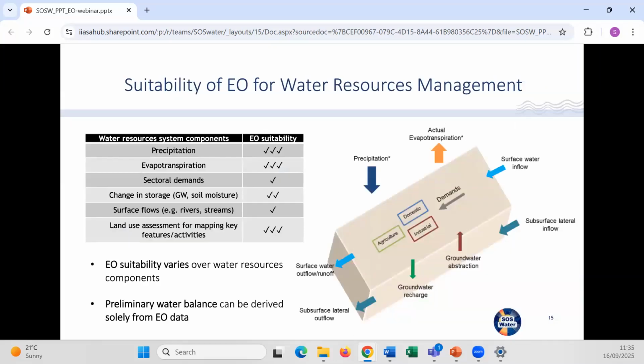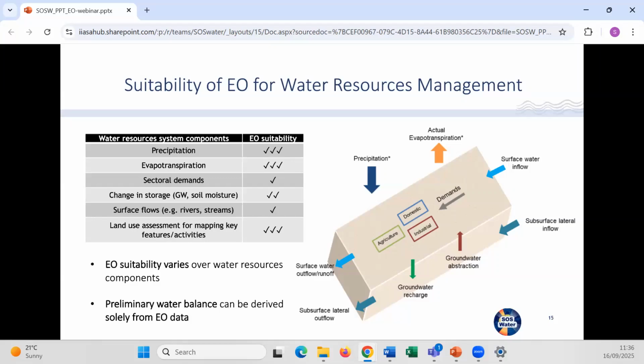But how suitable is Earth observation for the different components of the water resources system? On the right side, you see a simple schematic representing the different components of a water resources system with inflows, think of precipitation or surface water, and outflows, think of actual evapotranspiration or also surface water.